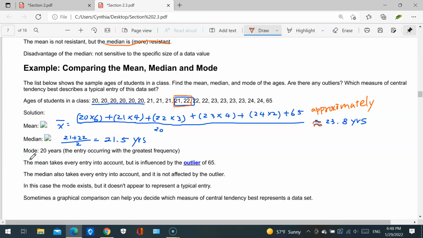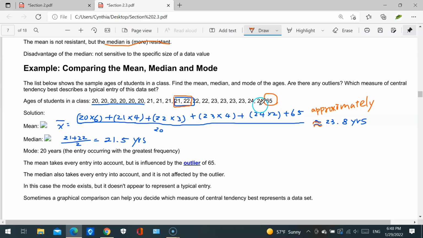The mean takes every entry into account, but it is influenced by the outlier of this data, 65. Here you can see the majority of the data have very close values, but 65 is kind of far away, right?